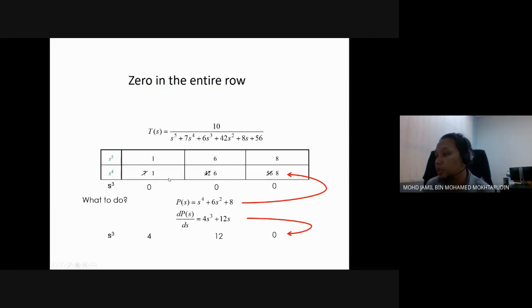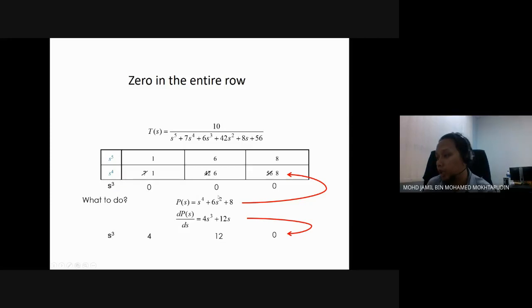And then you use the values in the row as the coefficients. After that, you differentiate the polynomial, and you use the coefficients of the differentiated polynomial as the values for the row s cubed, or the rows that contain 0.